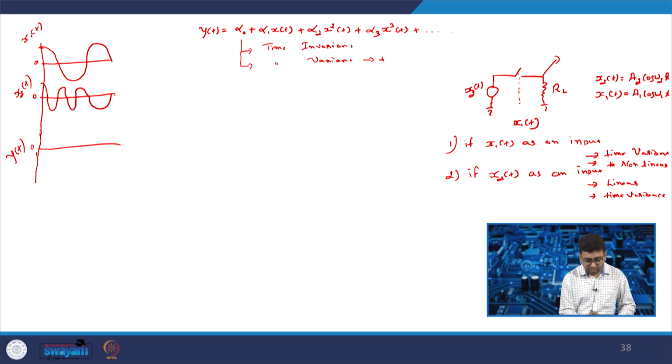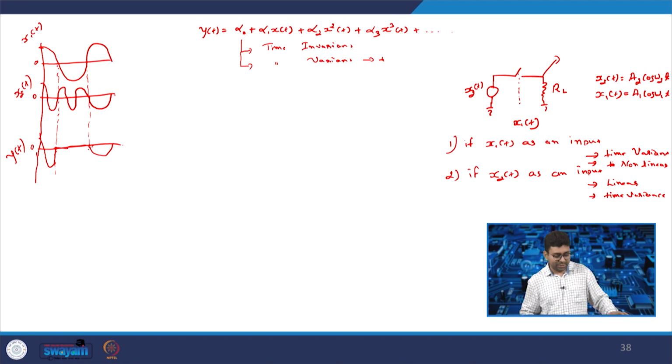Here we just try to replicate: when there is a positive it follows, when there is a negative it is 0, and when there is a positive again it will follow the input.